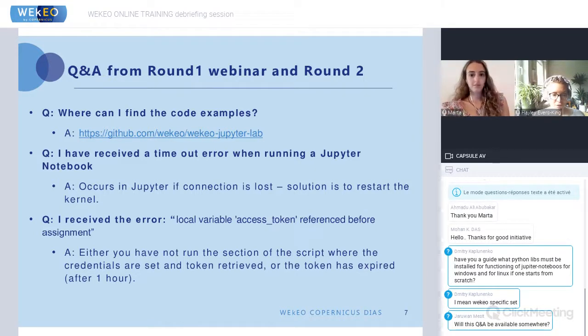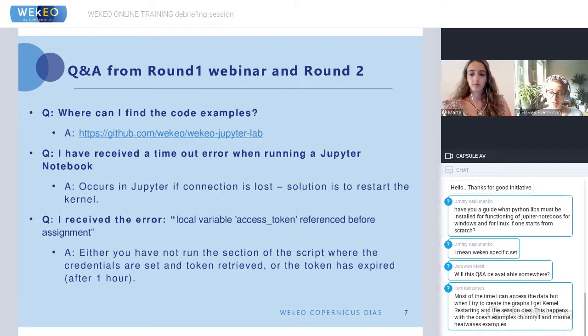Another error that somebody received was "local variable access token was referenced before assignment", which usually, this idea of something being referenced before assignment in Python, means that you're trying to run a piece of code that's looking for something that doesn't yet exist. And it's usually a hint that you've maybe missed part of the code as you've clicked through and run it. So in this case, it was either that somebody had not run the part of the code that set the WEkEO credentials during the running of the script.